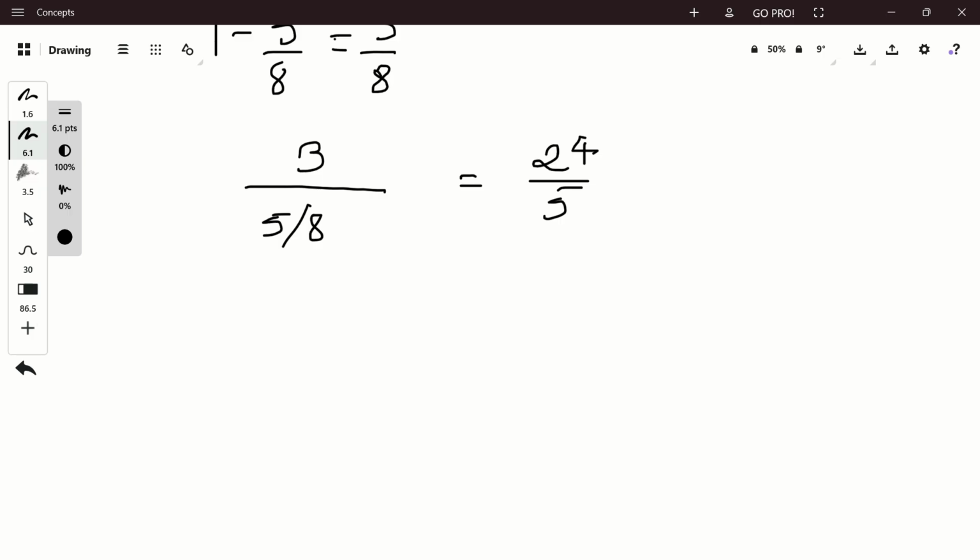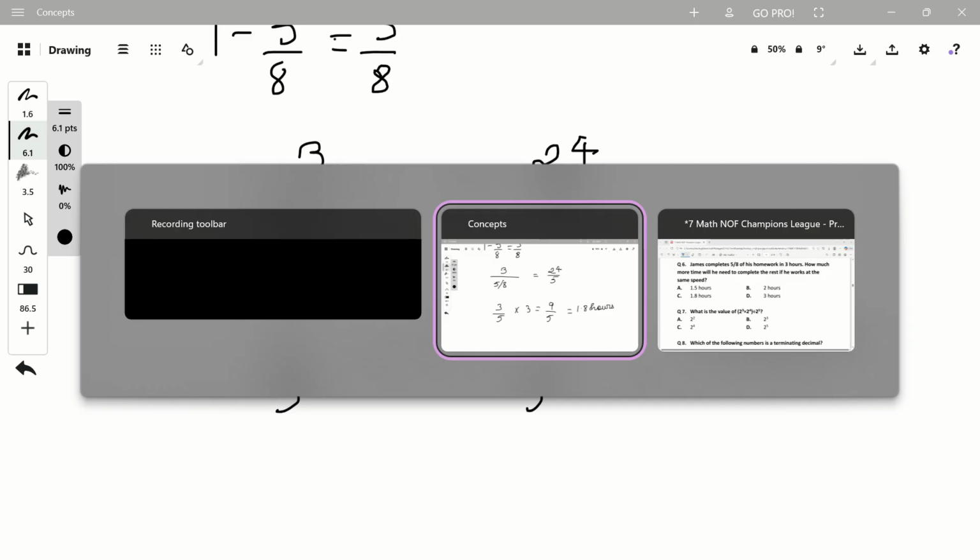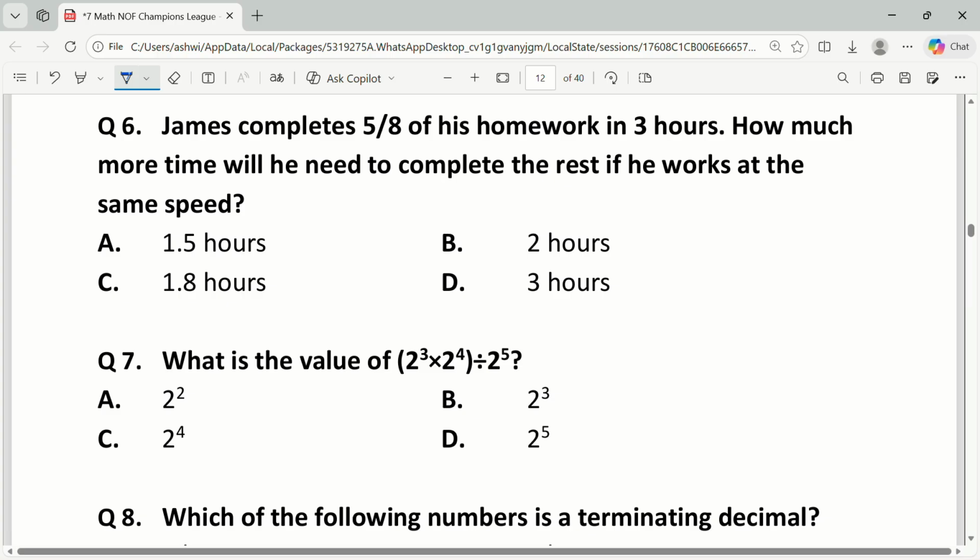The time needed for the remaining 3 by 8 of his homework is time per eighth times remaining fraction, that is 3 by 5 into 3, which is 9 by 5, which is equal to 1.8 hours. Comparing with the options, the answer is C, 1.8 hours.